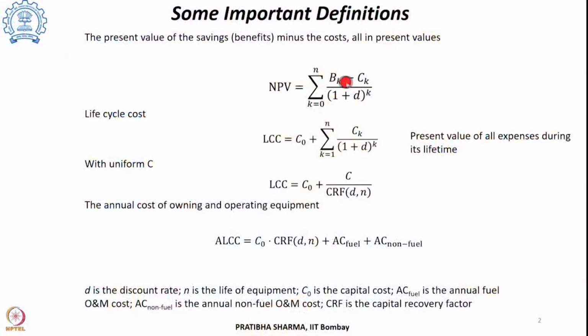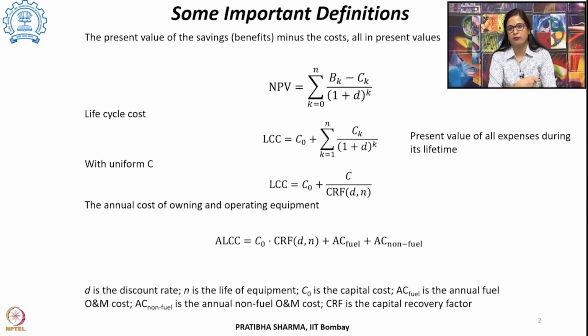So, in order to include that, there are other terms which are used, like the net present value or life cycle cost. When it is net present value, it takes into account the savings and the cost. So, savings minus cost, and then in the denominator is the discount rate. Discount rate considers the time value of money.